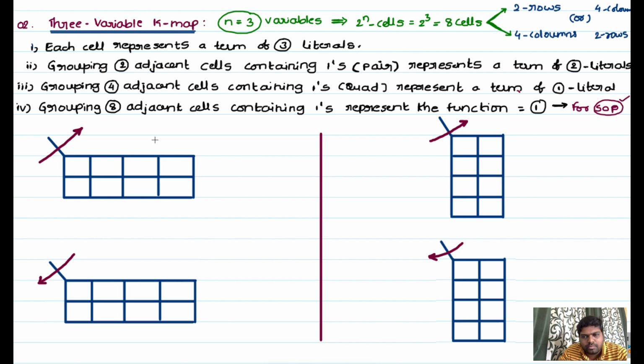On this side we have only 2 possibilities, so we could expect only 1 variable here, and with 4 possibilities we could expect 2 variables there. Out of 3 variables, we can classify 1 variable to the side and 2 variables to the top of this particular K-map.